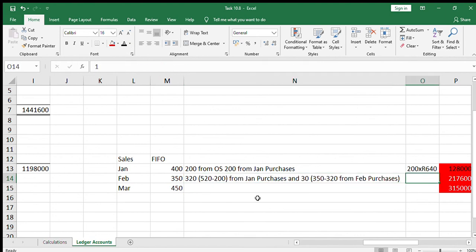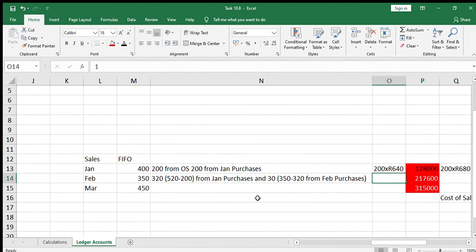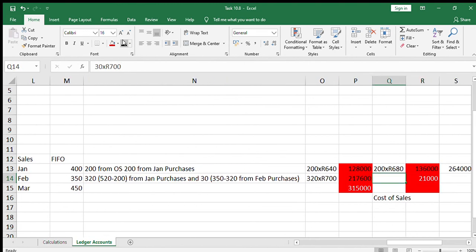Okay, so 320 units from January's purchases. And in February, our price was 700 Rand. Sorry, not 700 for the 320 units.